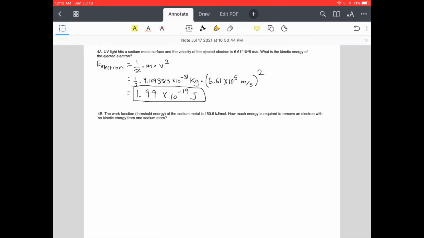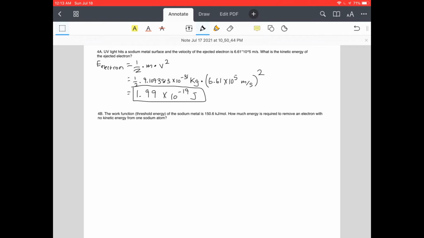So our second part is the work function, or the threshold energy of the sodium metal is 150.6 kilojoules per mole. How much energy is required to remove an electron with no kinetic energy from one sodium atom? Alright, so this last sentence of this question is basically asking us to figure out what the threshold energy of one sodium atom is.